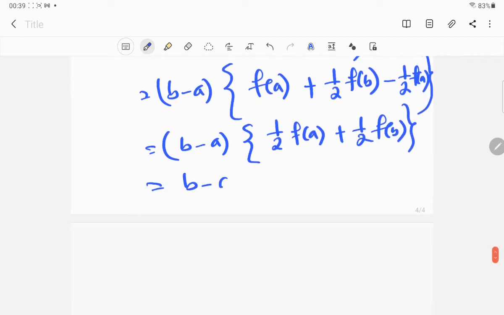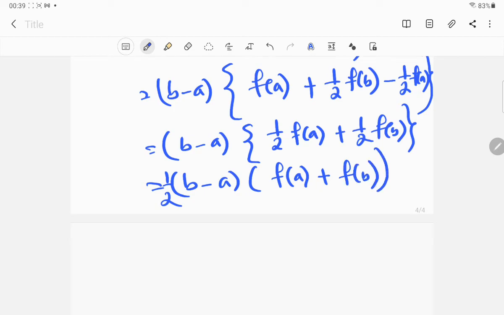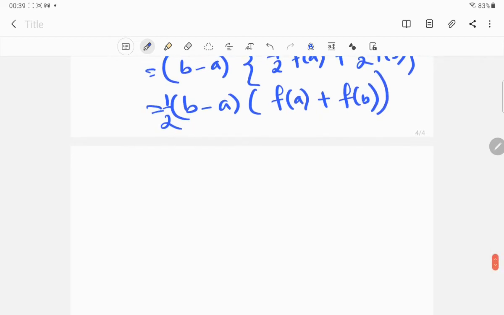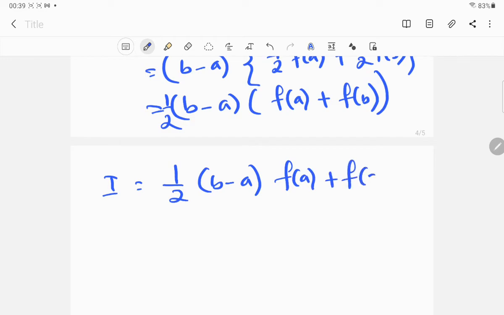So look, half can be taken common, so inside it will be f(a) plus f(b). So what comes? Integration is nothing but half (b minus a) (f(a) plus f(b)).